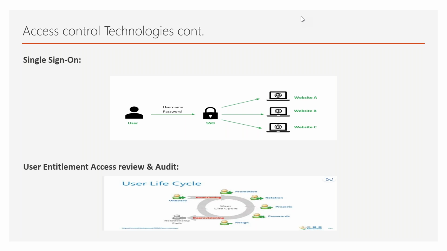When you onboard a user, the provisioning process comes in. Irrespective of whether the user is promoted, rotated, or assigned to new projects, this access provisioning process is a life cycle and will keep on happening. Deprovisioning happens when the user resigns: on the last working day the access will be revoked and the user account disabled.